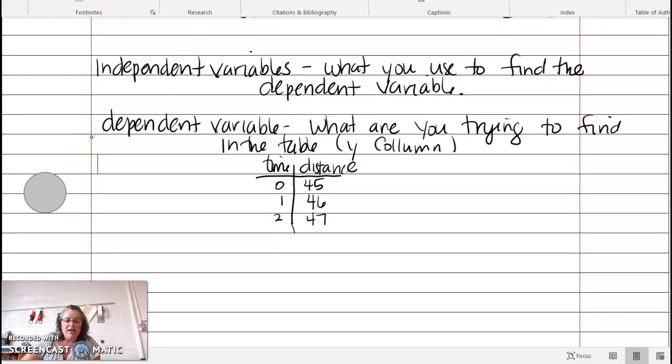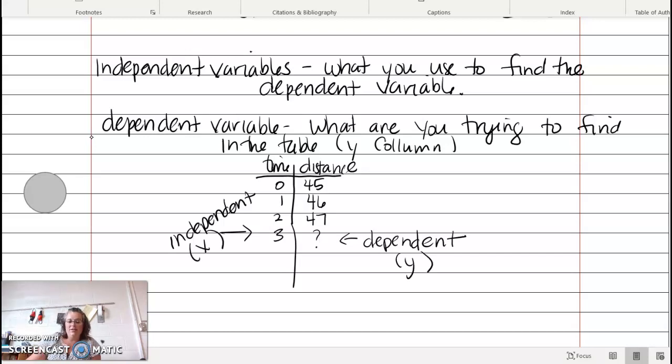We know seconds. I can make 3 seconds in my table. The question is, how far did he go? This is your dependent stuff, and we're going to use the independent to find that. In other words, what's in your X column is your independent. What's in your Y column is the dependent, whatever you're trying to find out. Distance in this case is our dependent variable.